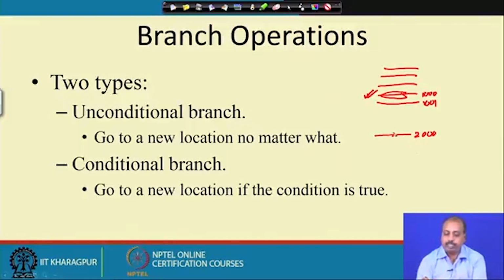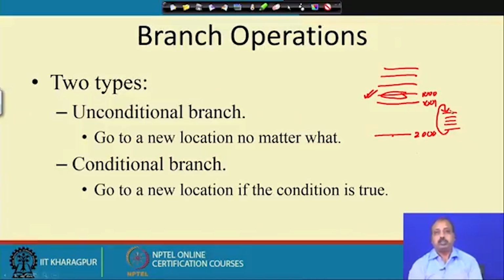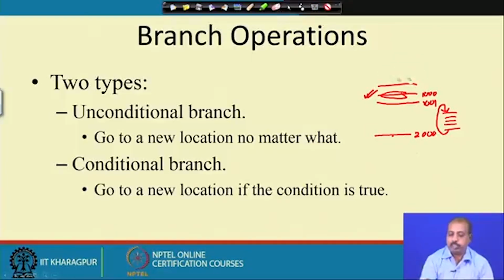Or sometime later, if you are trying to implement a loop, it may happen that this is the body of the loop, and at the end of the body you need to do the loop again. So, you need to jump back to this position. This way we need branch instructions for implementing many of the control transfers. There are two types of branch instructions.